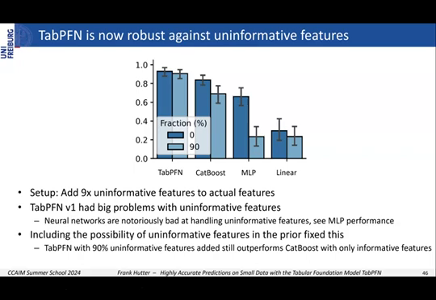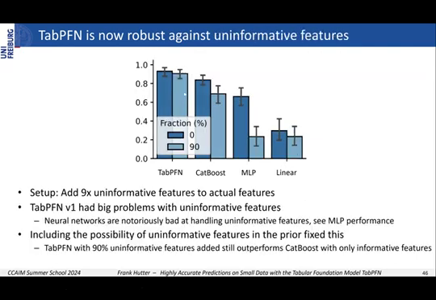And that was something TAPIFN1 would have big problems with, because neural networks are notoriously bad at handling these uninformative features. You see the MLP performance here without uninformative features, and with uninformative features, it's just crashing. TAPIFN1 used to do that, and TAPIFN2 just doesn't care so much. Actually, it's more robust to it than CatBoost and linear models.